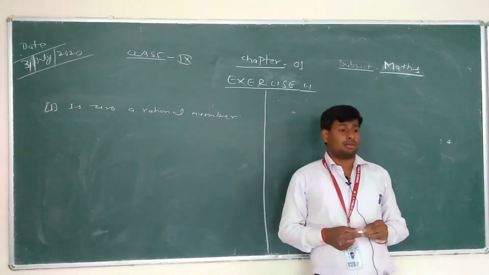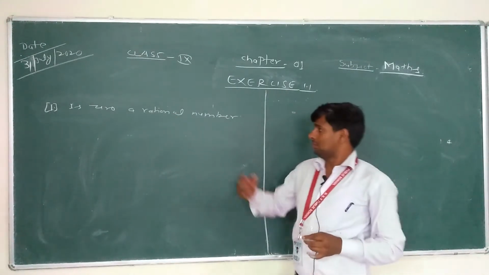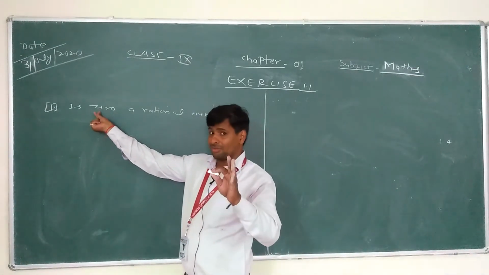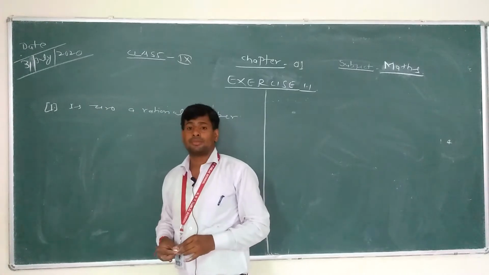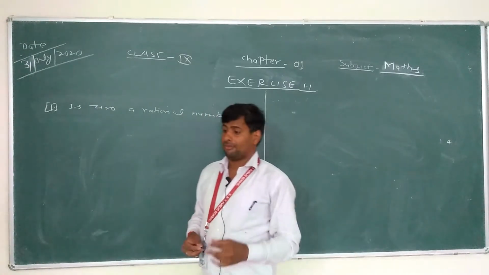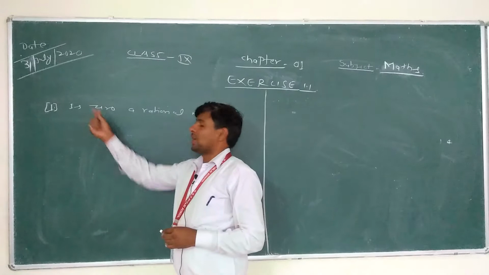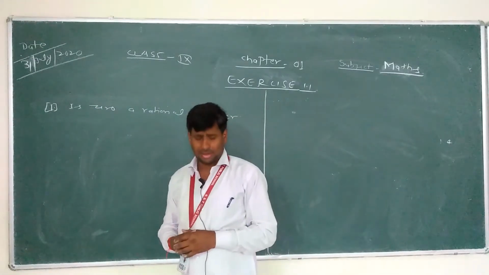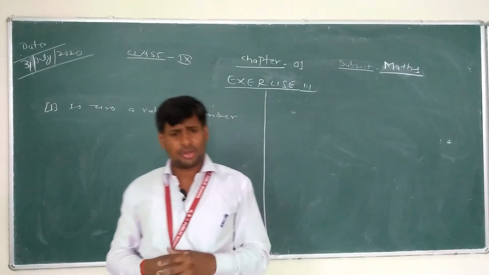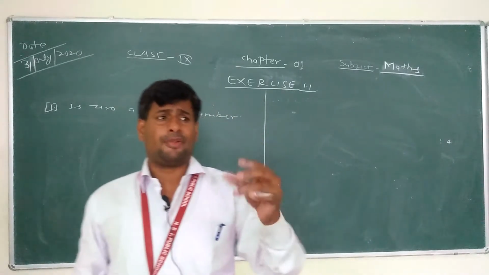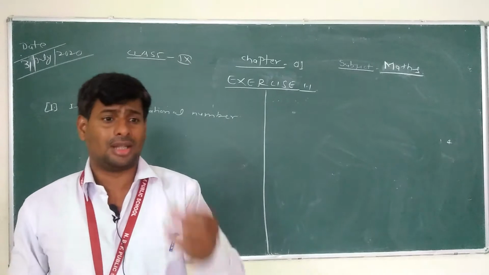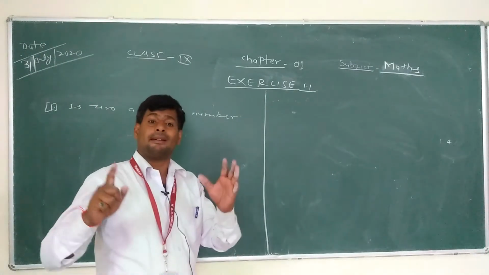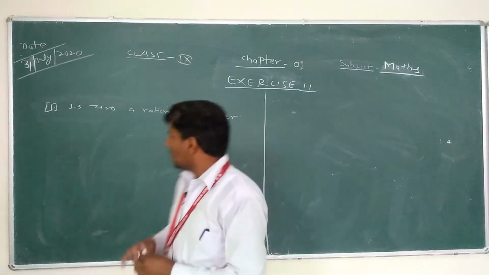In this question, it is clear that you know about rational numbers, and we explain how 0 is a rational number. By the definition of rational numbers, all of you know that any number which can be written in the form p by q, where q does not equal 0, is known as a rational number.